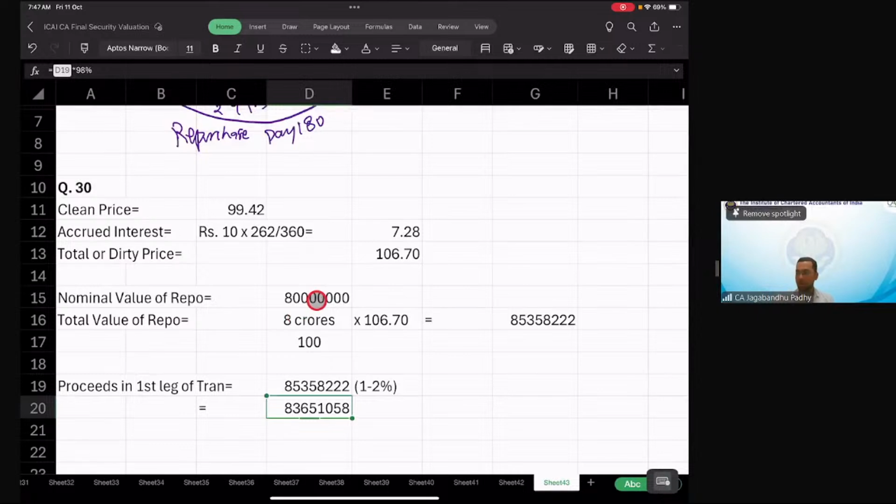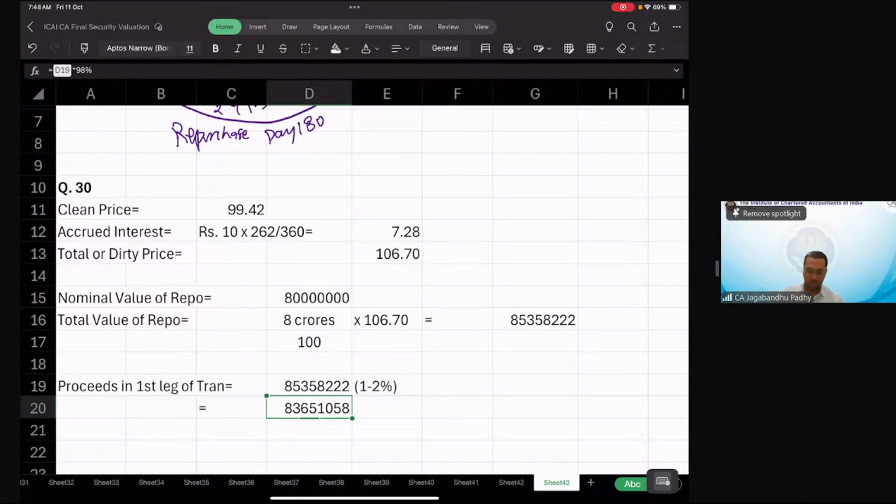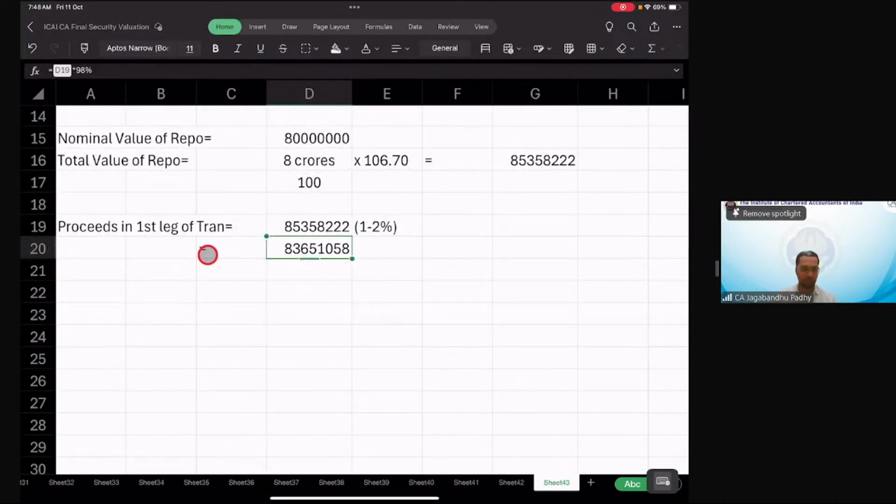So against 8 crore face value government securities, the RBI is going to transfer the first leg proceeds, which is 8 crore 36 lakh 51,058. These are the proceeds of the first leg transaction.